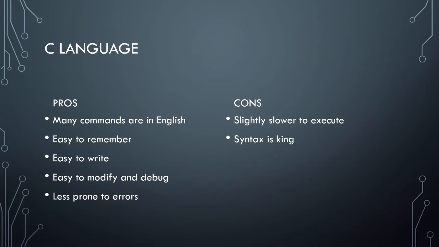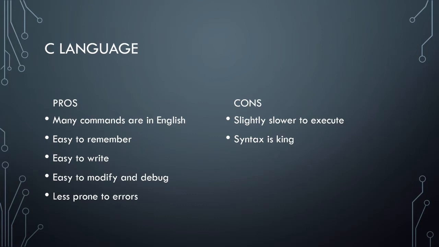And even easier again to modify and debug and find those errors. And because it's more intuitive, that also means you're less prone to making those errors. So that's part of why we spend more course time on C language, is because it's a little bit more user-friendly than assembly. The cons to C language are that it's slightly slower to execute.